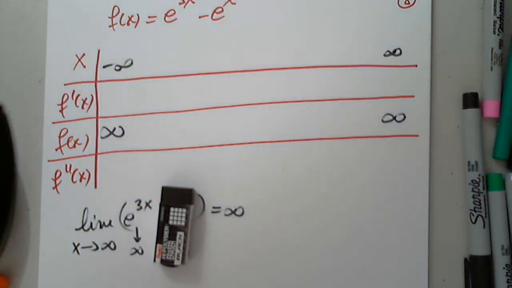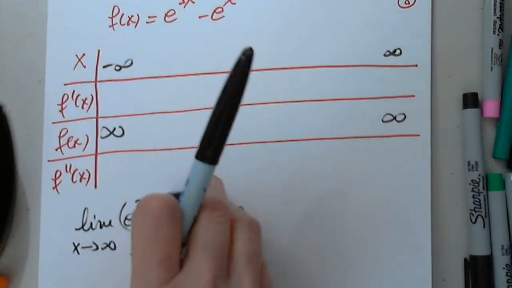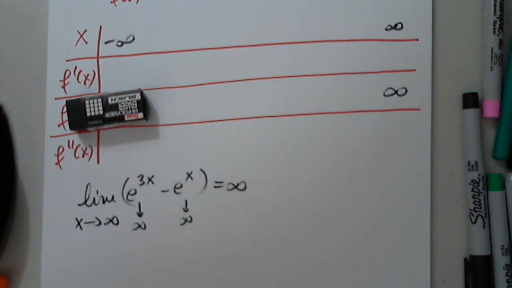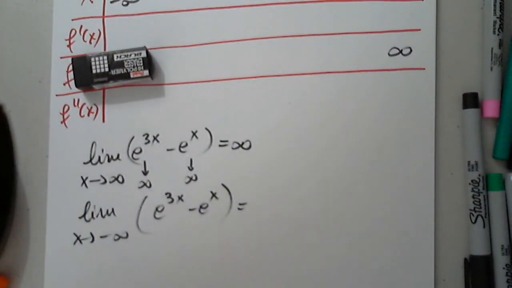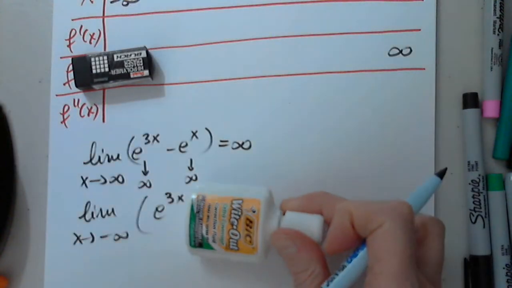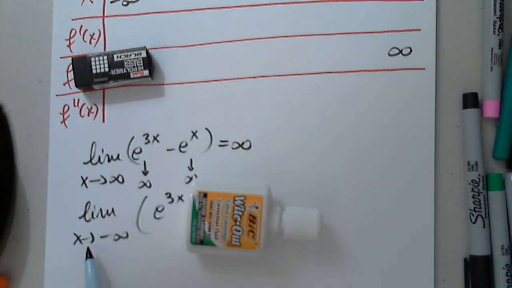That's not what I meant. I meant to write it here. Sorry about that. Okay, now I have to determine the limit as x approaches negative infinity of e to the 3x minus e to the x. So let's take it step by step. As x approaches negative infinity, e to the negative infinity, where is this going?